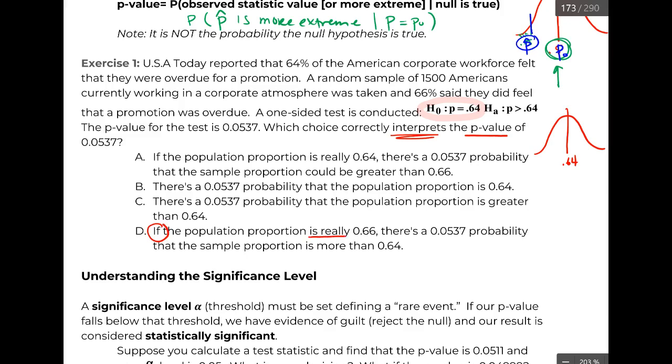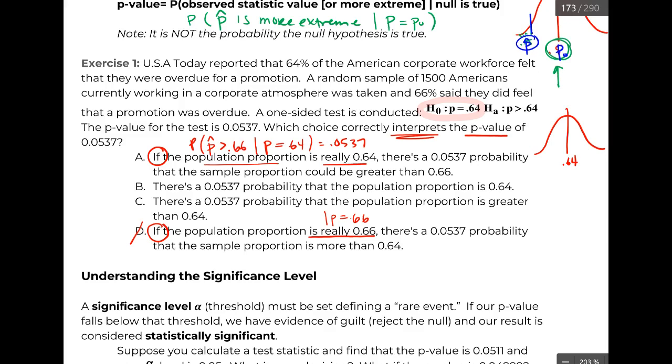If really 0.66, well, that's the other way around, right? So this is saying if p is equal to 0.66, that's the wrong direction. I don't know why I skipped that. If the population proportion is really 0.64, okay, there's our conditional. There's a 0.0537 probability that the sample proportion could be greater than 0.66.